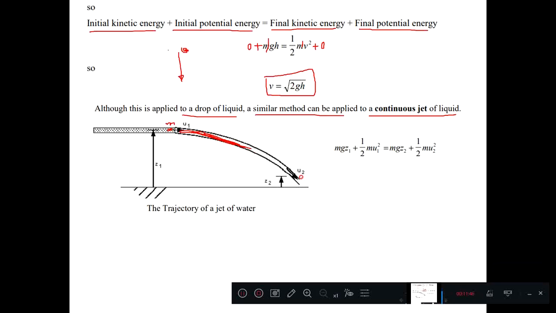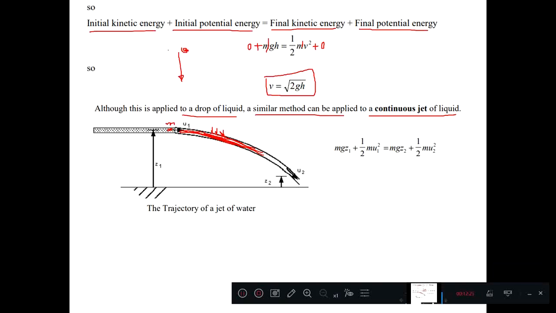The jet is traveling in air where the pressure is everywhere atmospheric. As the jet comes out of the pipe and moves down, atmospheric pressure acts on it everywhere. So there is no force due to pressure acting on the fluid, and no external force is applied.